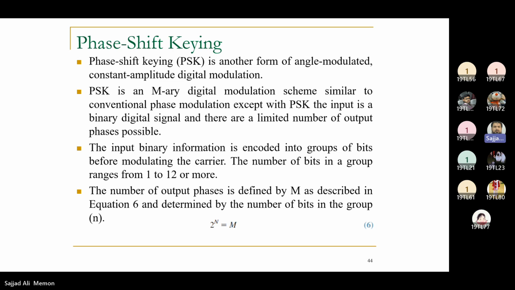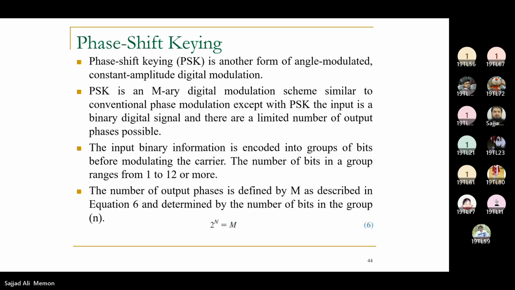So in PM, phase modulation, that is analog modulation, the output will be a continuous analog signal, whereas here the modulated signal, that is the output, will be in binary form, consisting of zeros and ones.